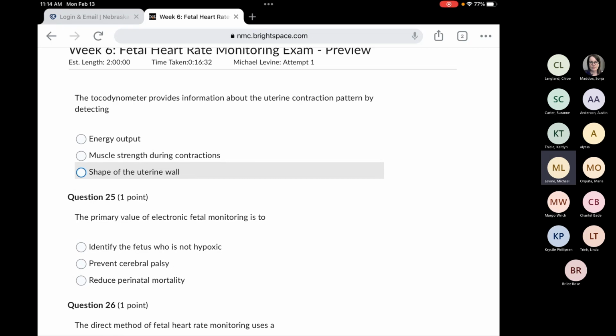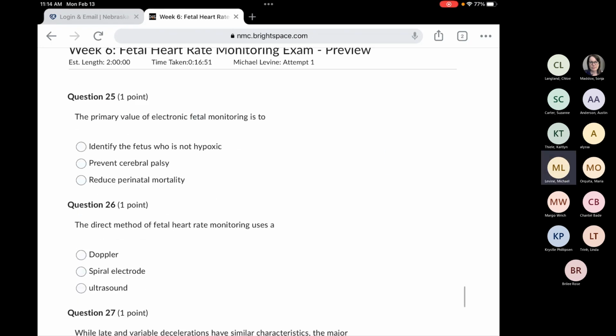And energy output is not really appropriate. Muscle strength during the contraction, you'd think would be correct, but it's the shape of the uterine wall that's really looked at. And again, it's by Poiseuille's law of an ellipse. That's kind of a tricky question.